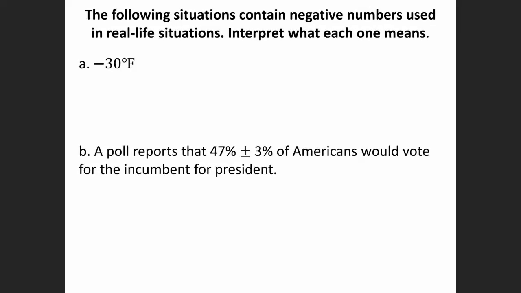Now this is saying 30 degrees Fahrenheit below 0. That negative sign is the words that are implied. The implied part, that negative, is the words below 0.